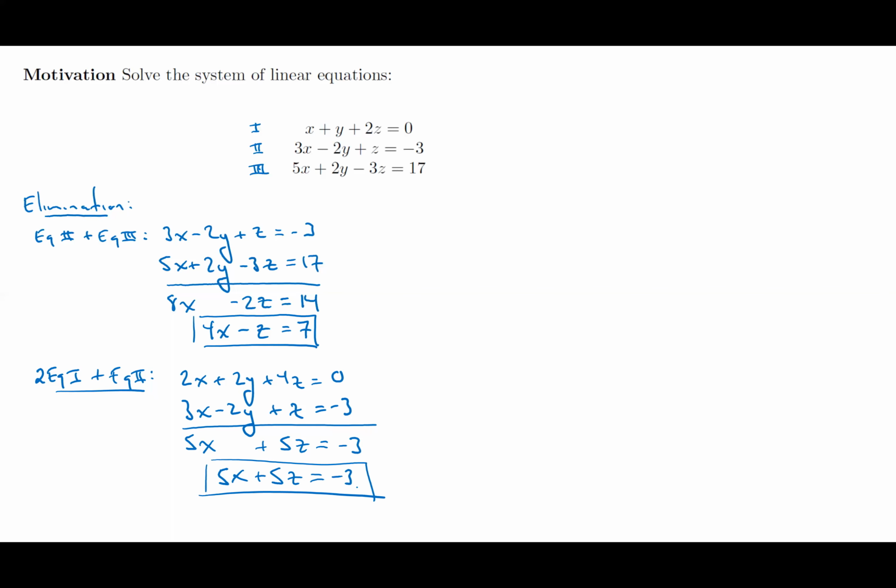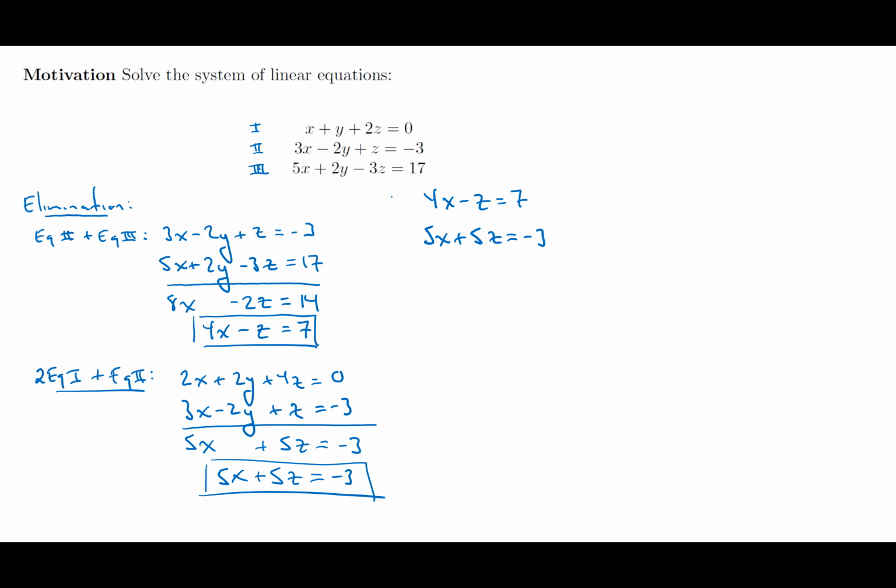So just like we expect, now we have a system of 2 equations with 2 variables. So let's look at these. We've got 4x minus z equals 7. And we've got a 5x plus a 5z equals -3.